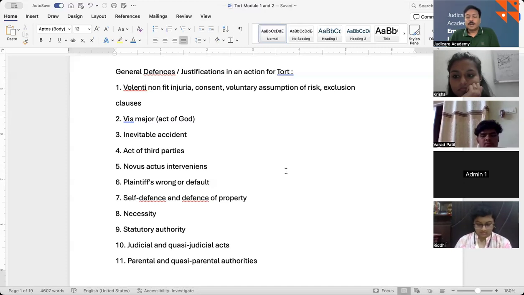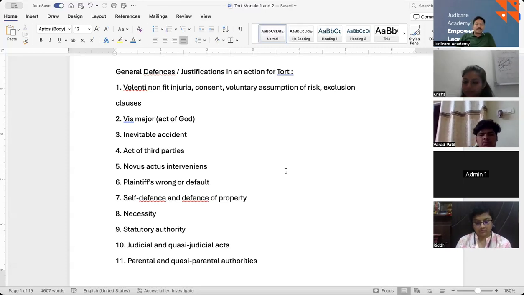Now, statutory authority. This is one of the defenses, and this is a default defense. It is a defense everywhere. In various criminal laws also, there are statutory authorities and government officials who are discharged of whatever activities happen in the line of duty. Similarly, the defense of statutory authority applies when an individual's actions, which may be considered tortious, are performed under the authority of a state statute, a law.